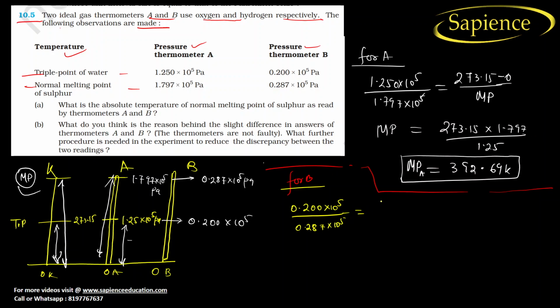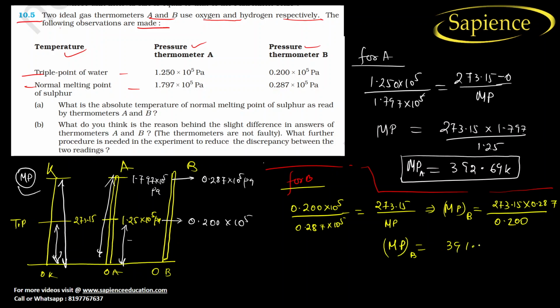This will be equal to 273.15 minus 0 divided by the melting point minus 0. So from here, the melting point will be 273.15 into 0.287 divided by 0.200. Finally, the melting point for thermometer B we get is 391.98 Kelvin.